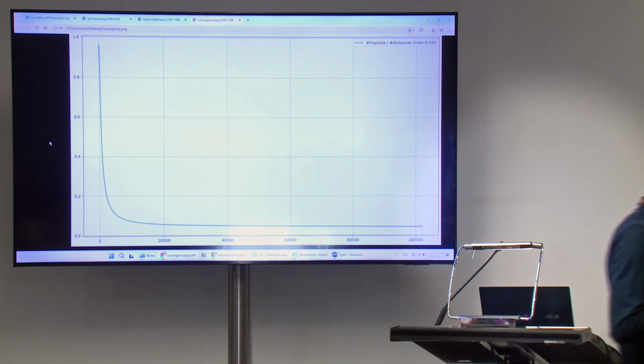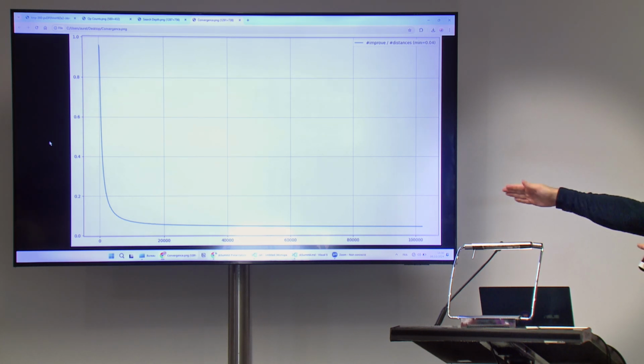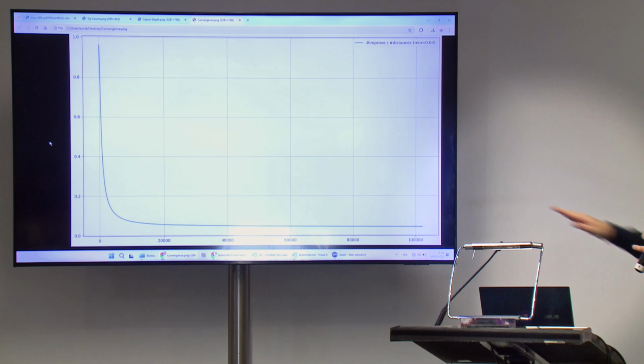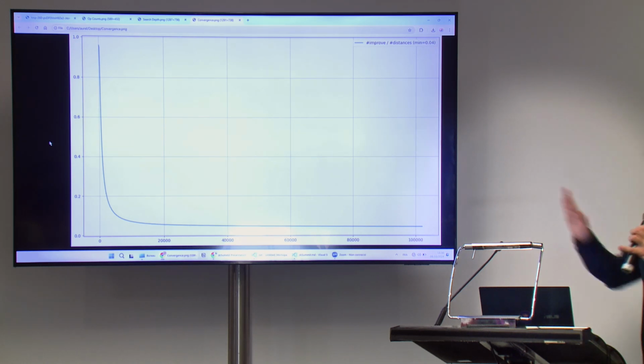But that means your working set doesn't change that much anymore. That means you can do speculative computation in parallel, and it's going to work. You're not going to waste a lot of speculative computation because it is invalidated not very often. That's what this is trying to show. Anyway.